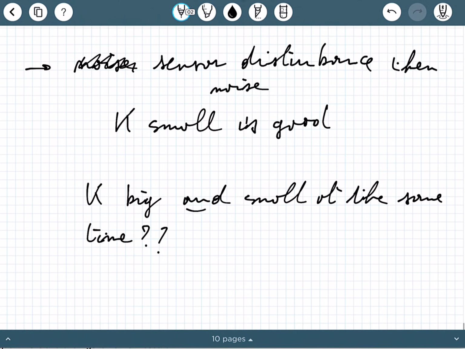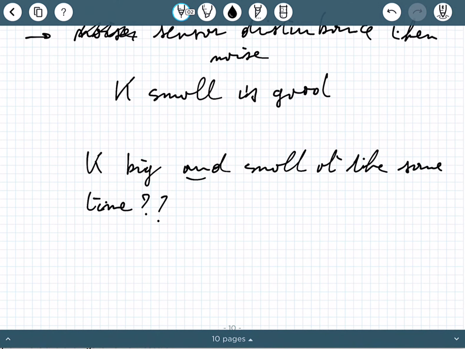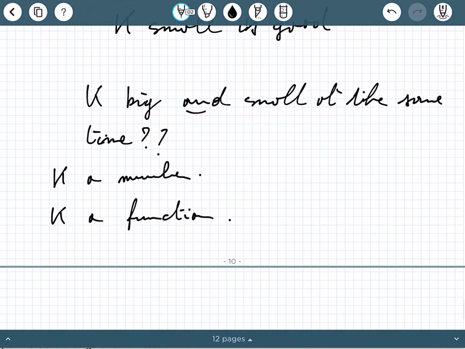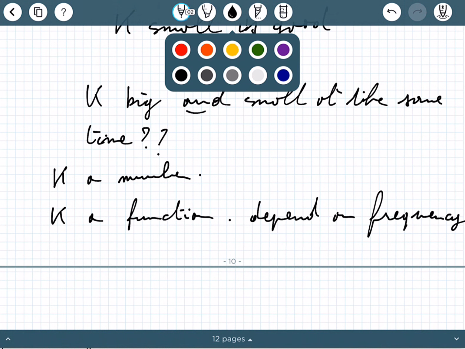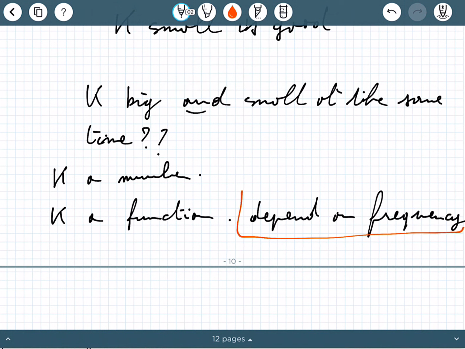And what we will see is that instead of using K, a number, we use K, a function. And the choice of big and small will depend on frequency. But I don't want to tell you more at this point.